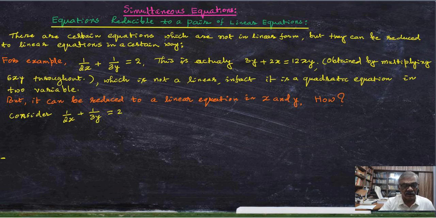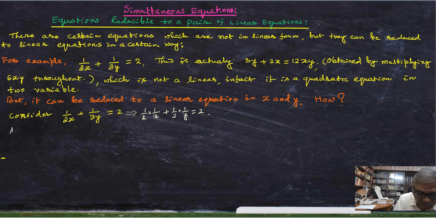Consider an example here. 1 by 2x plus 1 by 3y equal to 2. This can be written as 1 by 2 into 1 by x plus 1 by 3 into 1 by y is equal to 2.